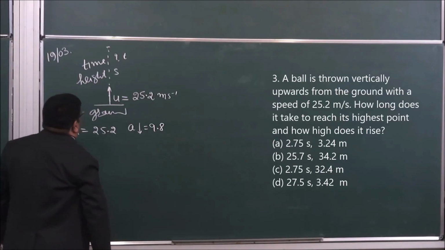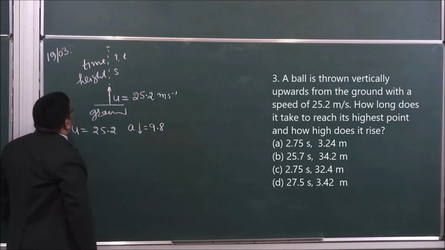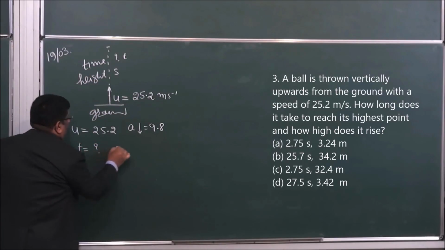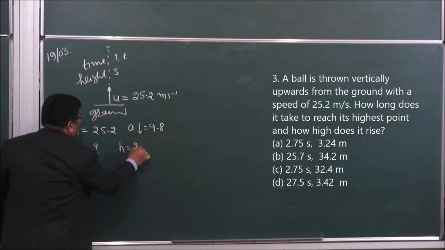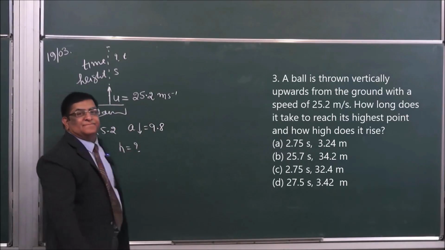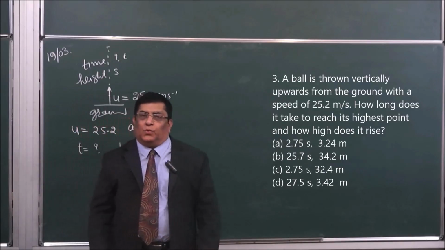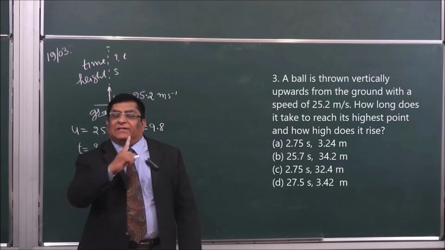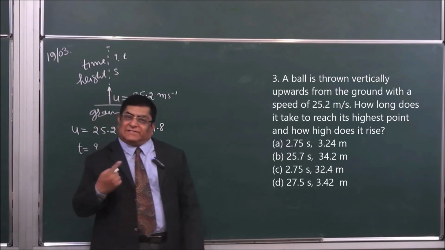Okay, then anything else? We have to find time. We have to find height, that is s. But with only two things, we cannot find it. So what else? Remember, there is another thing which is silent, but that is given to us.